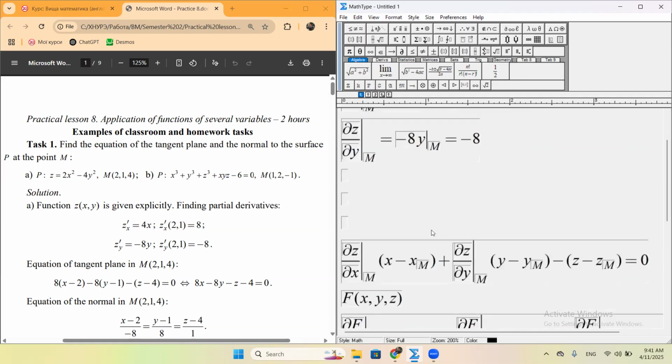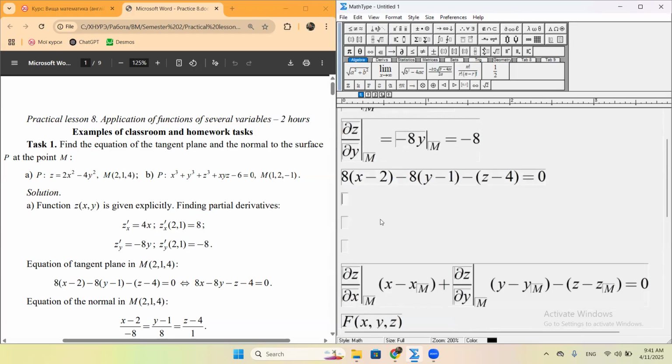So we will use this formula. So the equation of the tangent plane is: 8 times (x minus 2) minus 8 times (y minus 1) minus (z minus 4) equals 0. We can expand brackets, but let's not do it for now.